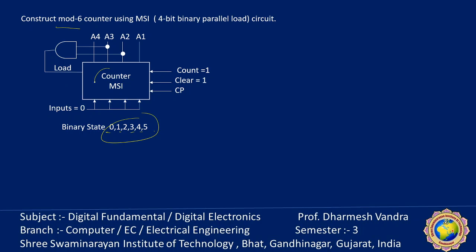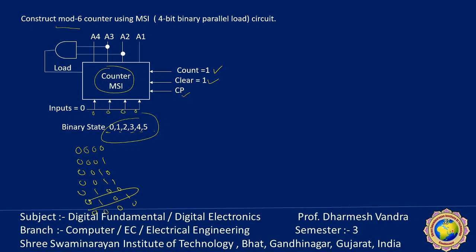What we'll do is use the counter MSI circuit which we previously discussed, with count equal to 1, clear equal to 1, and clock pulse given, input is 0 0. Now what happens: it starts from 0 0 0 0, then 1, 2, 3, 4, 5.